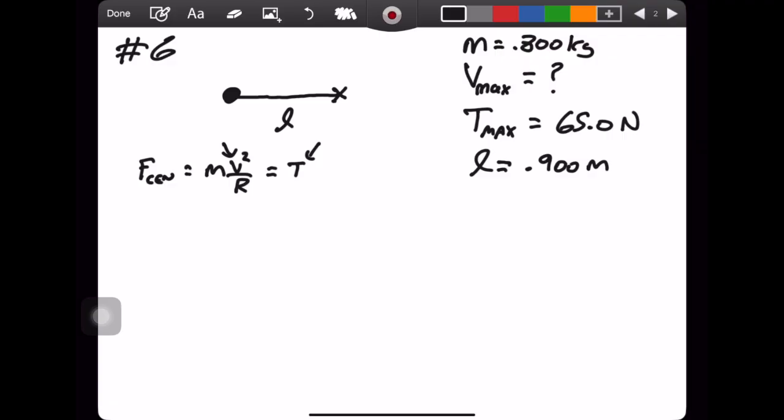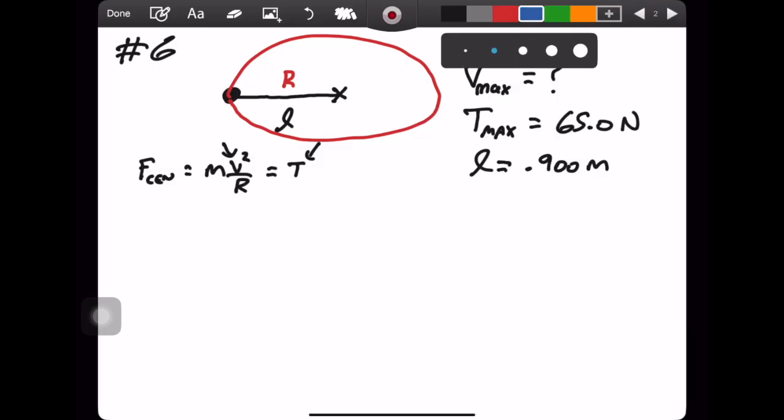And so if you can think of just going around in a circle, the length of the string is precisely the radius r of the rotational motion.